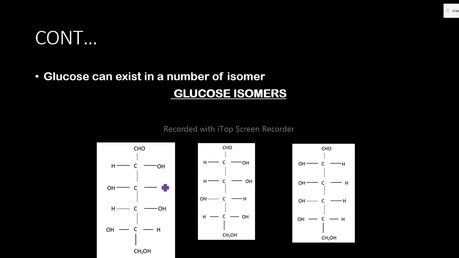Whereby in the first isomer, this is carbon 1, and then this is carbon 2, this is carbon 3, 4, 5, and so on. So the OH might be on this side in this one, but in this one the OH is here, and you see in carbon 3 where the OH is.